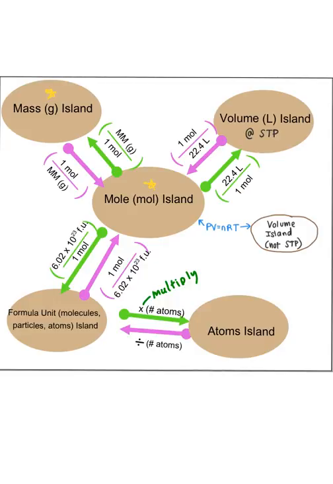So we're going to take what's given, and we're going to cross this bridge. So we'll take what's given and multiply by 1 mole over MM, and remember, MM is the molar mass. So let's flip the island and go from moles back to grams, but now I would use the molar mass of Fe. Or if they ask for anything else, we would use transitions to the other islands.